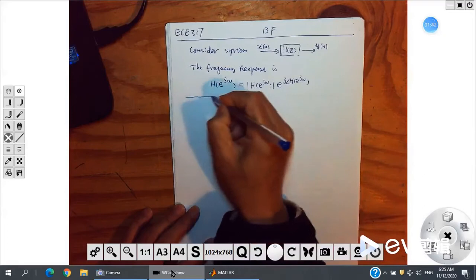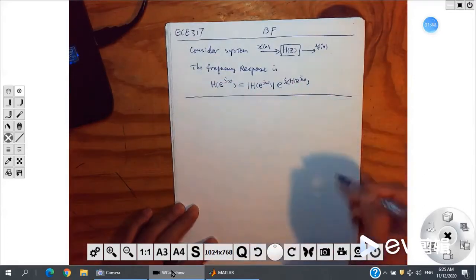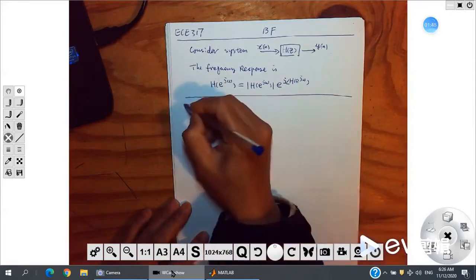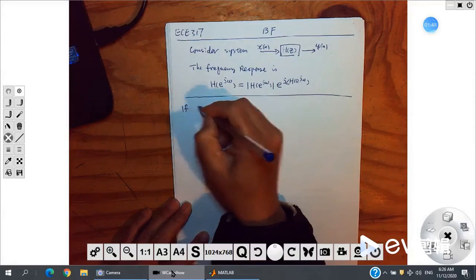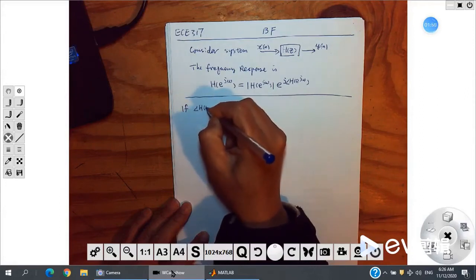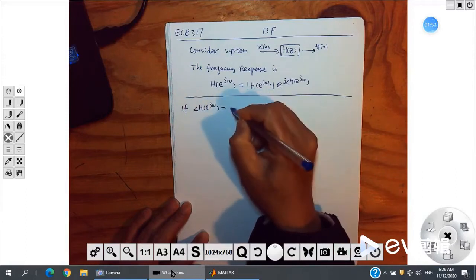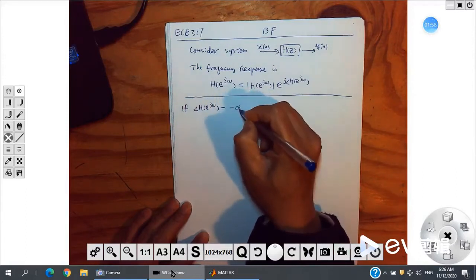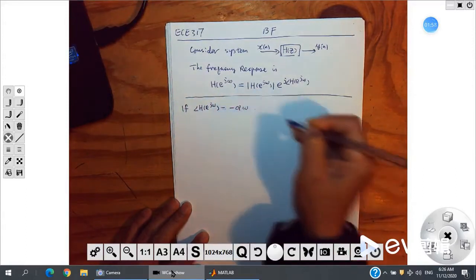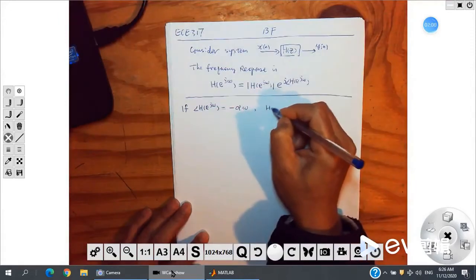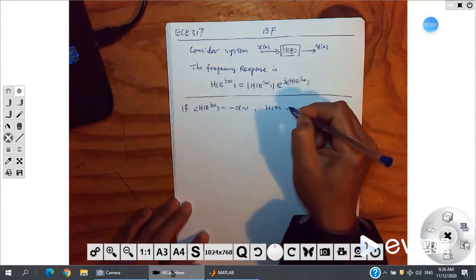Then for linear phase, what is a linear phase system? If the angle of H of e to the j omega equals some negative alpha times omega, then H is linear phase.